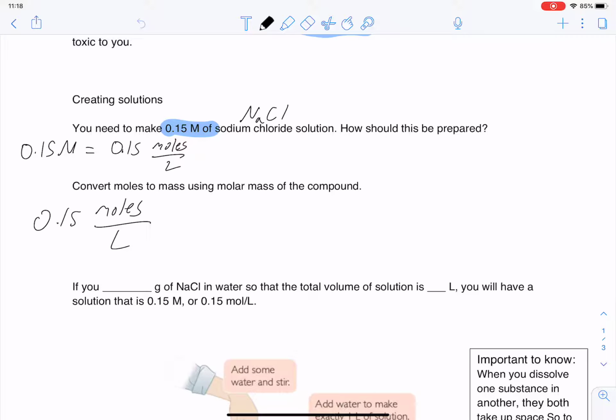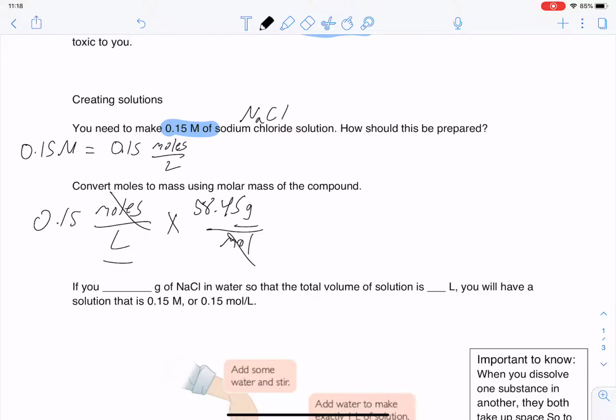We take those two numbers and add them up, and we should get 58.45. Again, that is our molar mass, so grams over moles. So what do we need to do here? We need to multiply, right? Because we need these moles to cancel out, and what we're going to be left with is grams over liters.